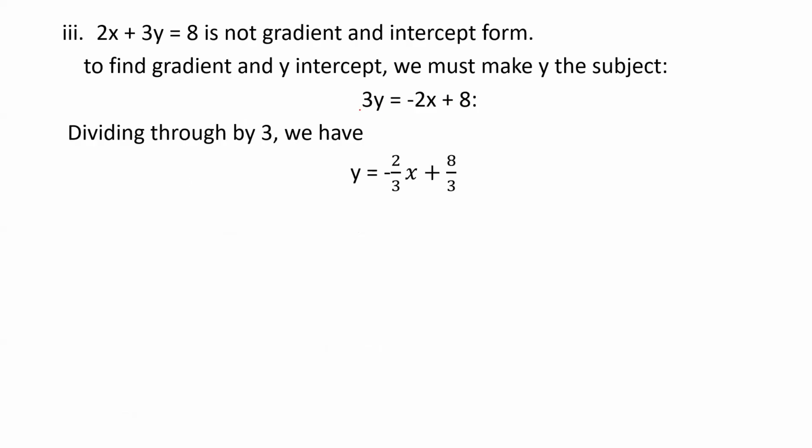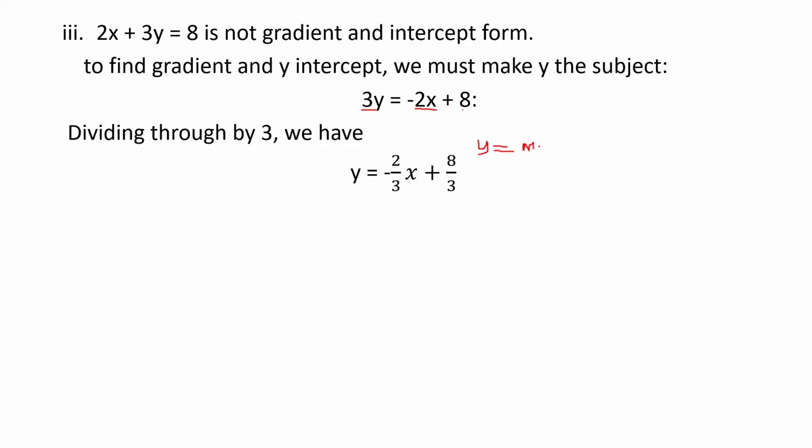Then divide through by 3, here by 3, here also by 3, all this by 3. Now we get y equals negative 2/3 x plus 8/3. Now this one is in the form of y equals mx plus c. Therefore, we can identify our gradient, which is m, and c, the constant.